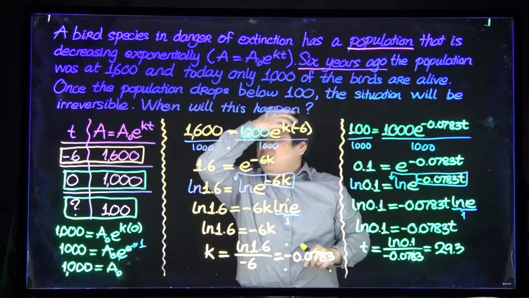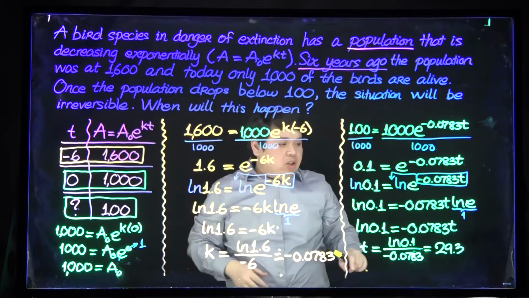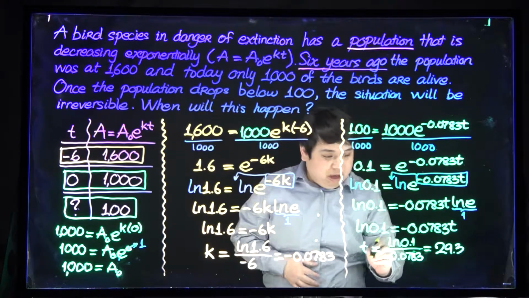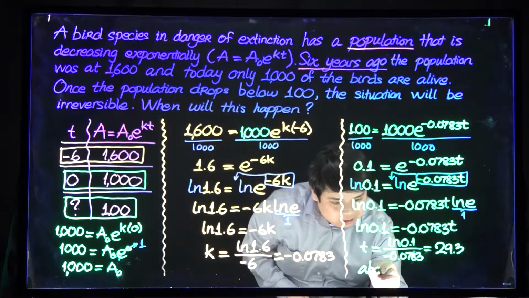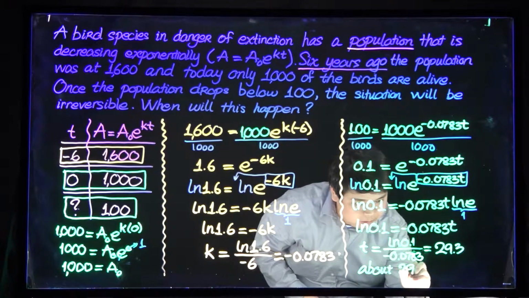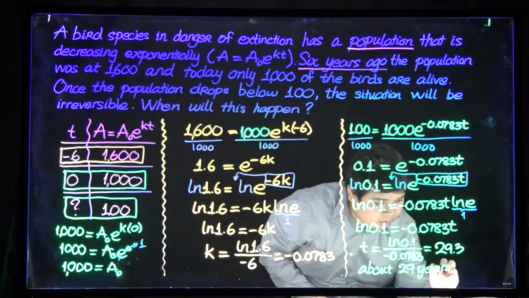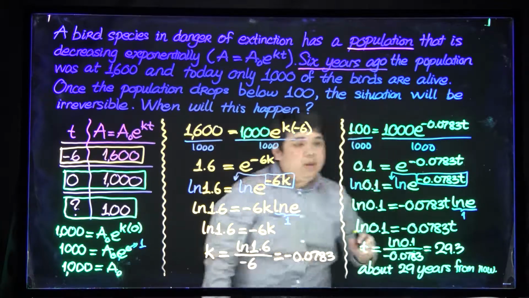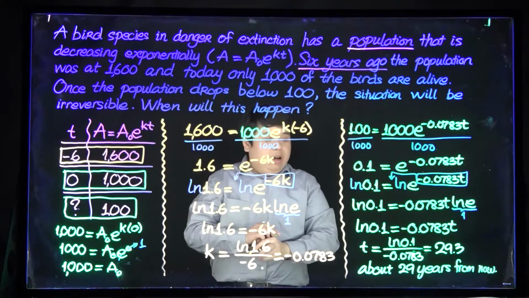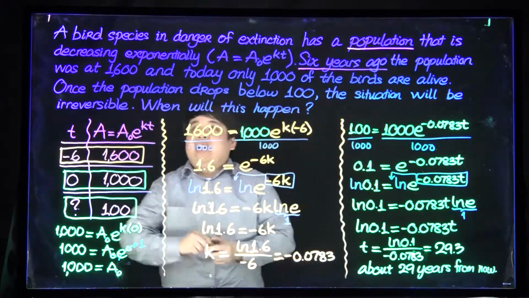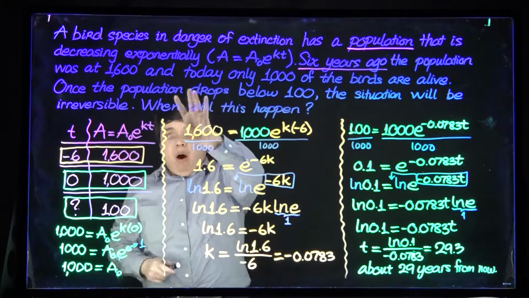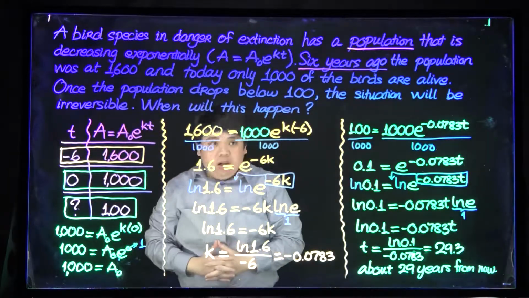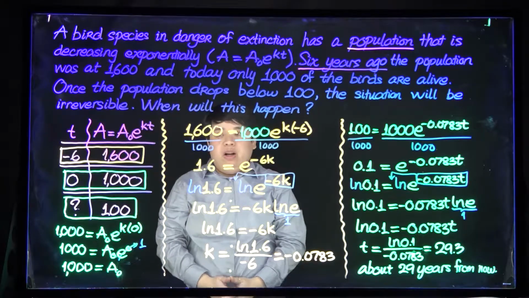But the question asks, when will this happen? So we can say about 29 years from now. And with that, we found the time that the population goes to 100 with this model. I hope you find this video helpful. Thanks for watching.